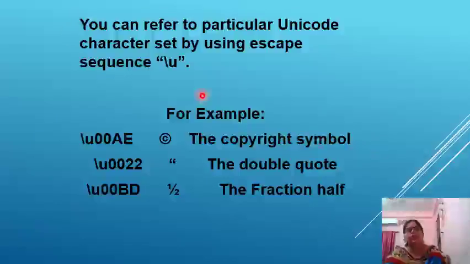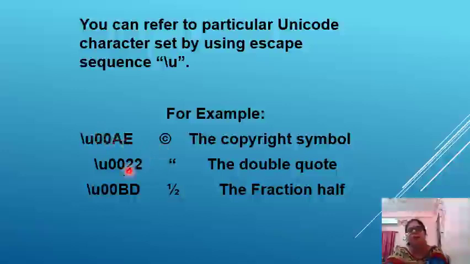Now, how can we refer to a particular Unicode character? We can refer to a particular Unicode character by a slash, for example, by this escape statement. For example, if we write this escape statement AE, then in Unicode it represents the letter AE.